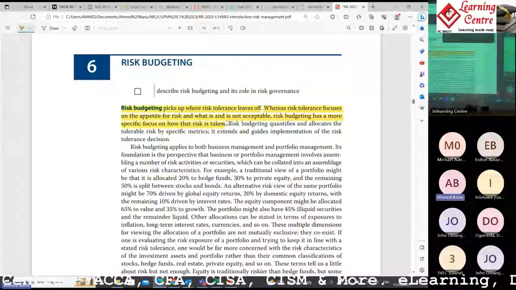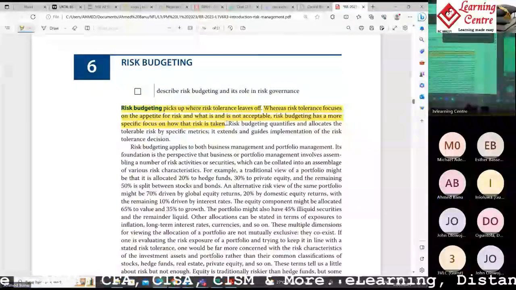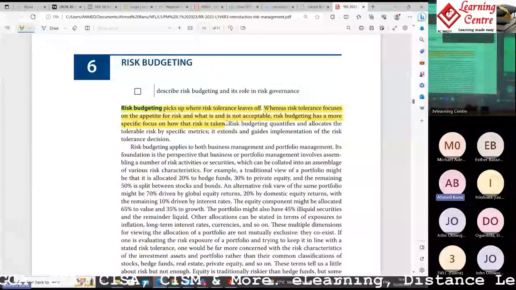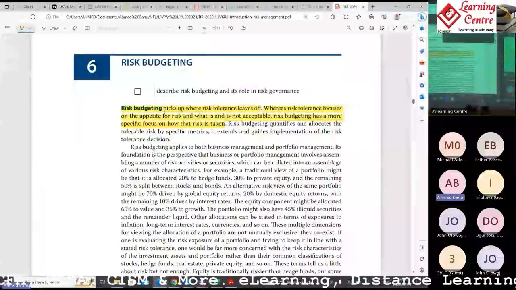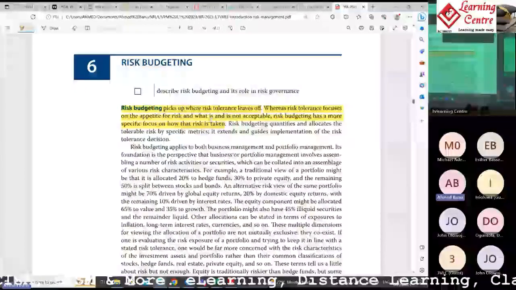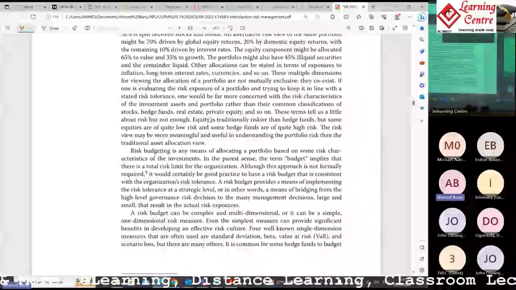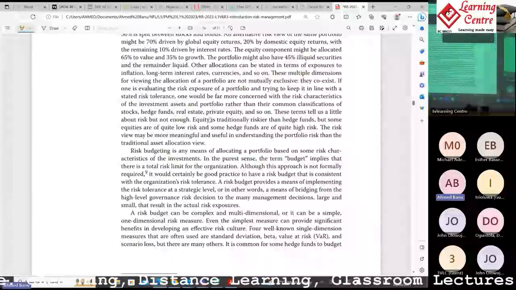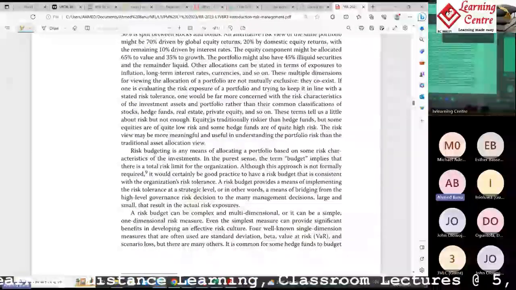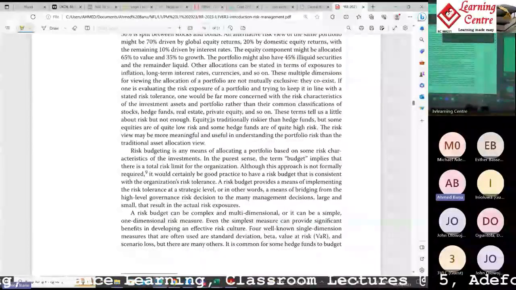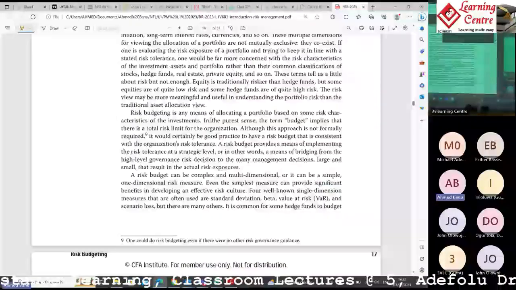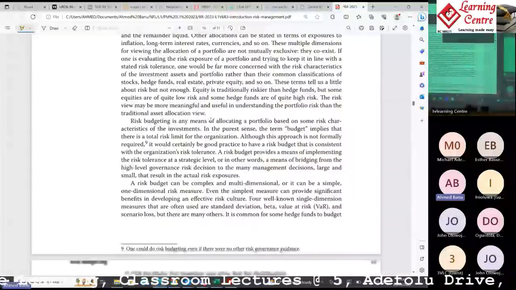One of the easiest ways to allocate that risk is using a risk adjusted metric that talks about the maximum level of return. So you allocate more risk to a business that generates the highest level of return per unit of risk.